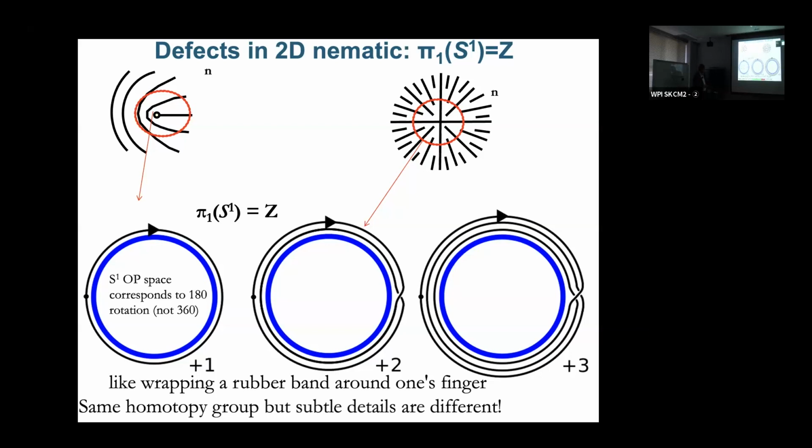All right, so before we looked at unit vector fields in 2D, but now let's look at unit director fields. And here we should remember that interesting peculiar nature of order parameter space kinematics in 2D, which was S1 mod Z2, but that's just equivalent to another S1 that has a 180 degrees rotation, right?